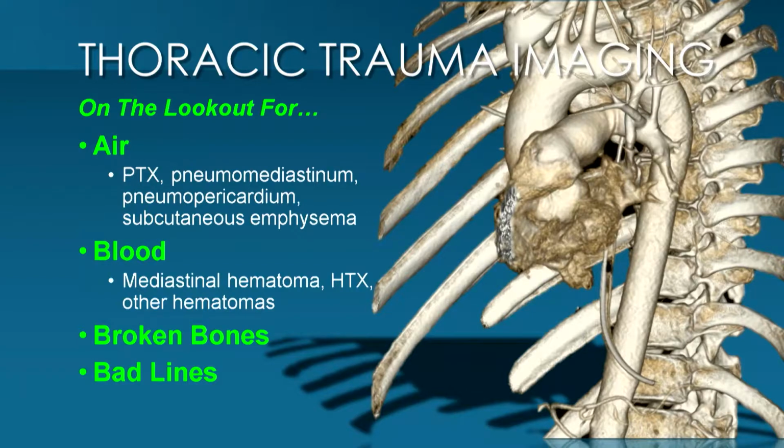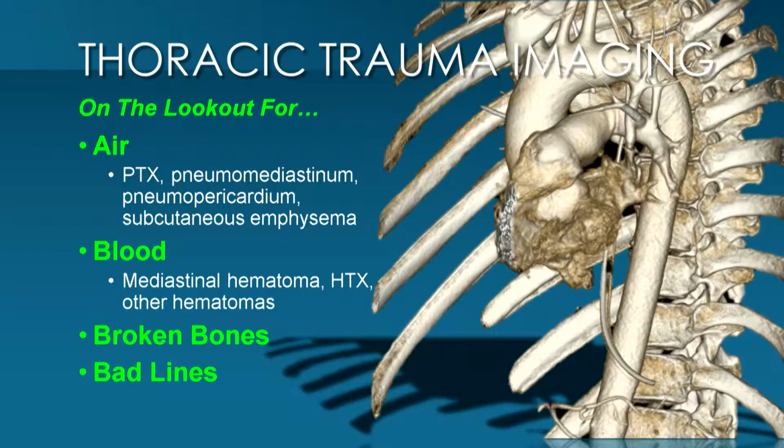So in terms of doing ABCs, I just stuck with A's and B's. So air in the wrong place is going to be a pneumothorax, and sometimes looking for subcutaneous emphysema is the first really nice clue on that trauma radiograph. Looking for pneumomediastinum, pneumopericardium as well.